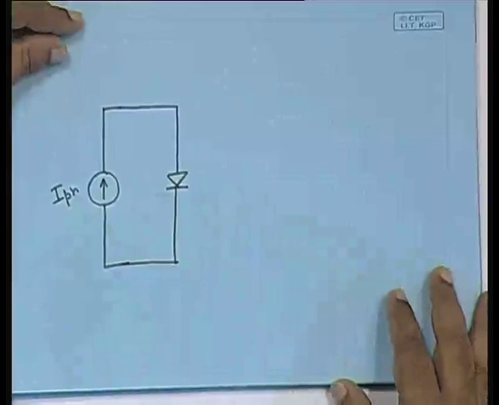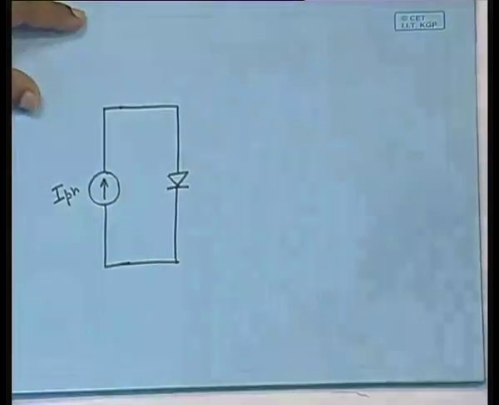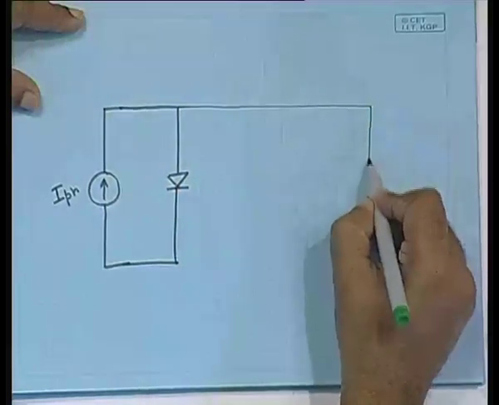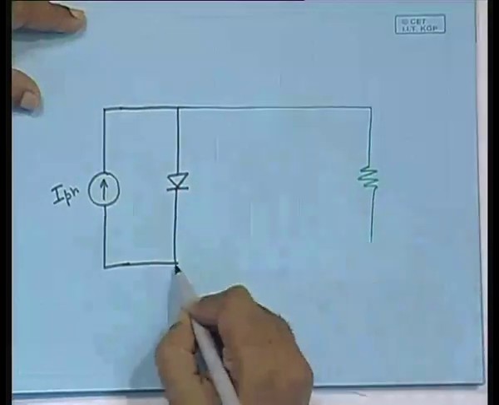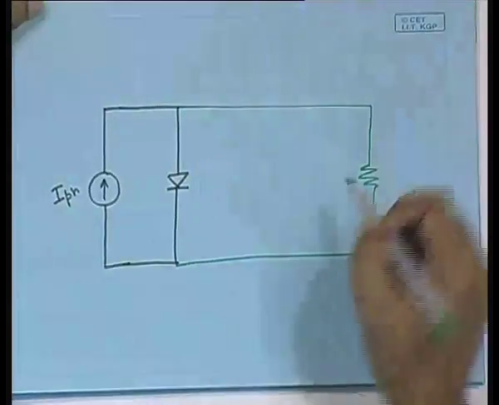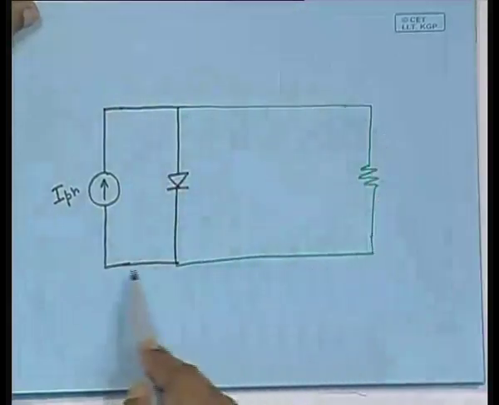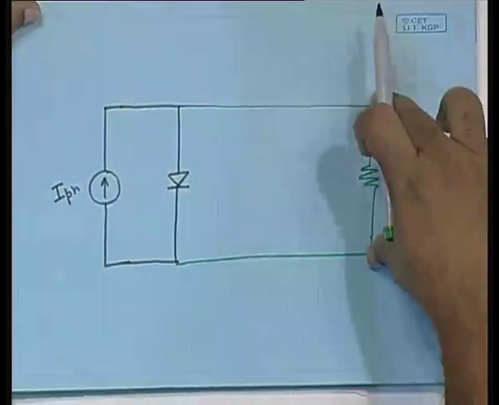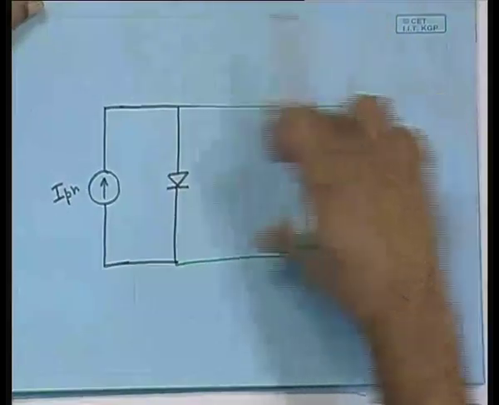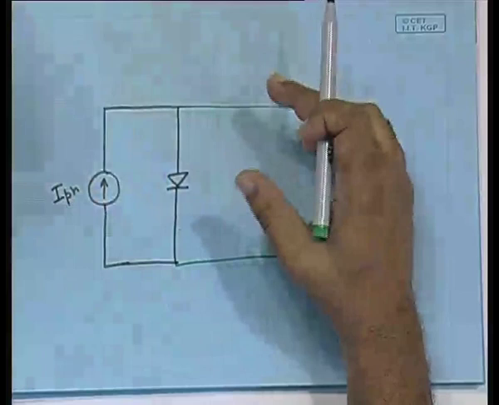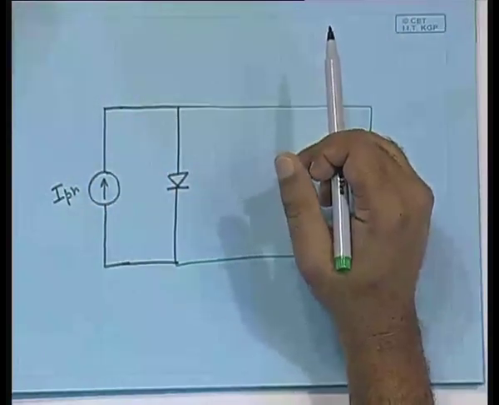So, suppose I connect some external stuff, I will do it with a different color with a purpose. The moment you do this, there will be a current flow, some voltage will appear here, this voltage will be seen by the diode, and the current through the diode will be that due to that voltage.